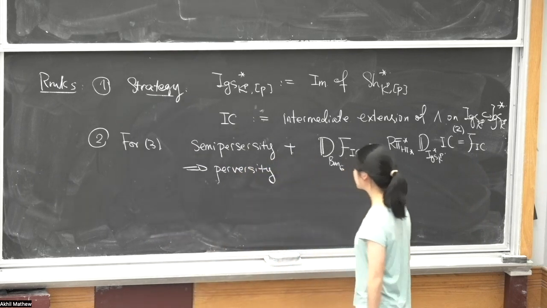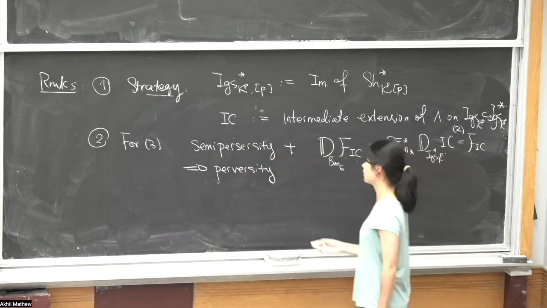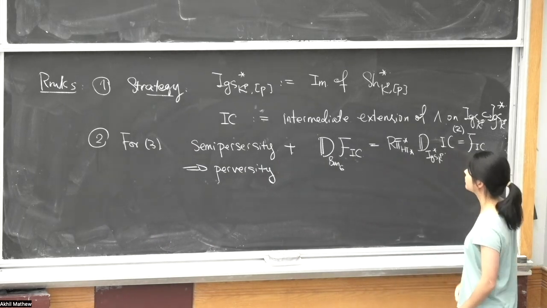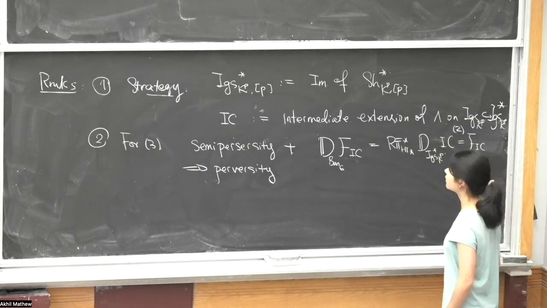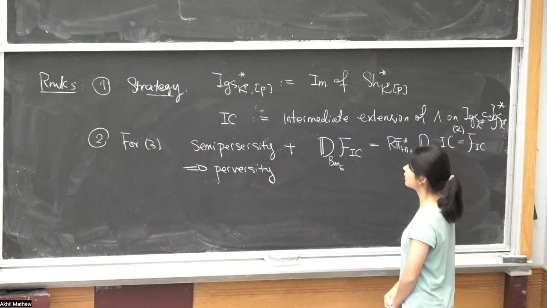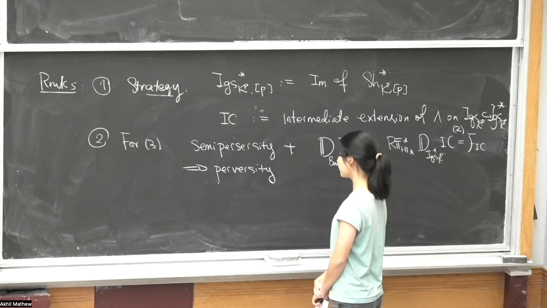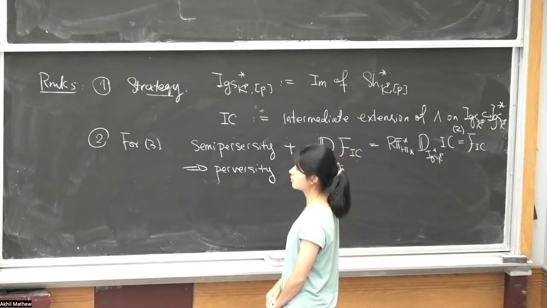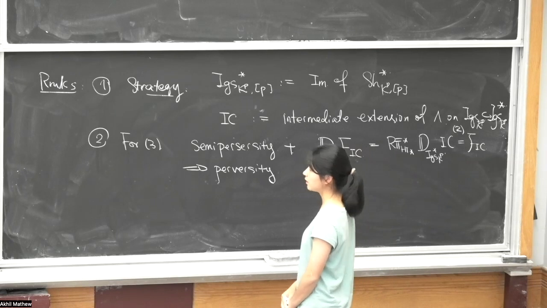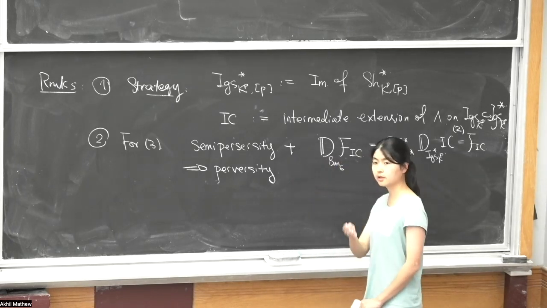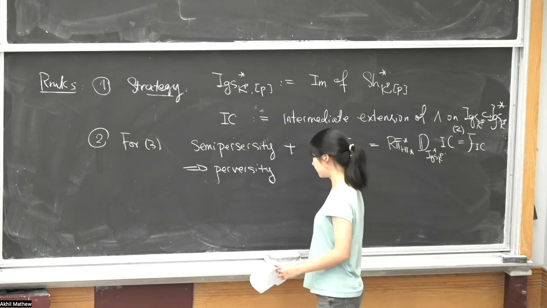Then we expect that this perversity result of this complex actually will have interesting representation theoretic implications, in particular in combination with the knowledge of perverse t-exactness of the Hecke operators, which is due to Linus.